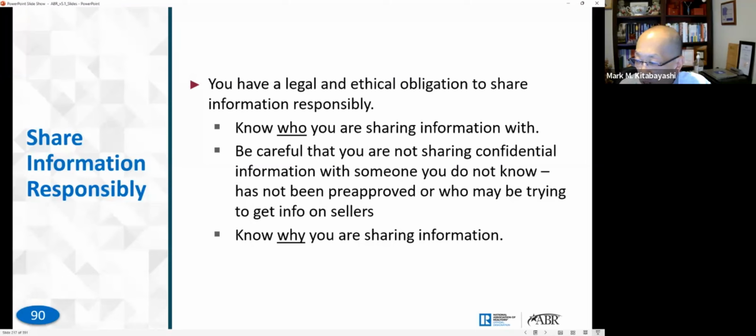Be careful that you are not sharing confidential information with someone you do not know, who has not been pre-approved, who may be trying to get info to the seller. And know why you're sharing information, and ask them why they need certain information as well.